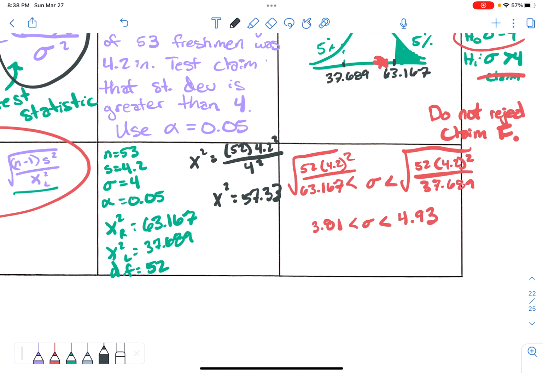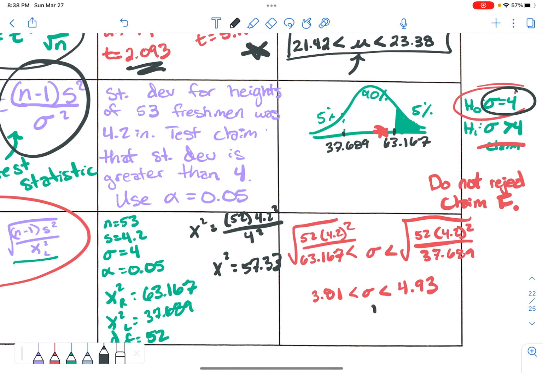And what we're comparing is this number, which is 4, and 4 does in fact live in there. So we're not going to say that it's greater than, we're going to say that it's equal to. Same result again. Do not reject, claim false, okay? Holy cow, that was a lot of information.